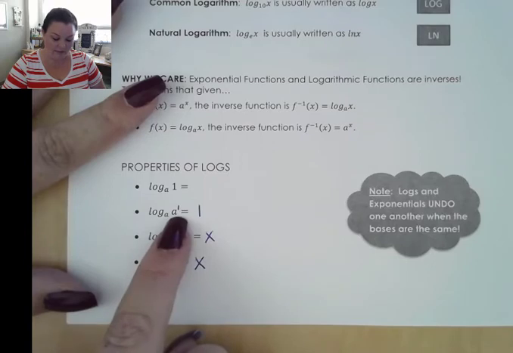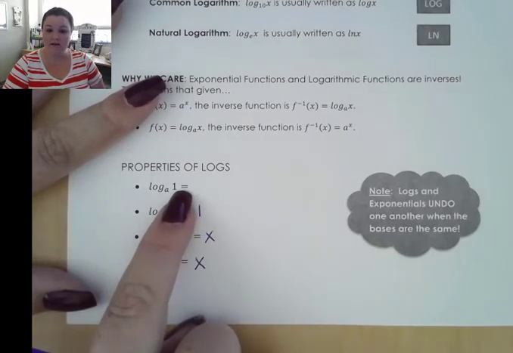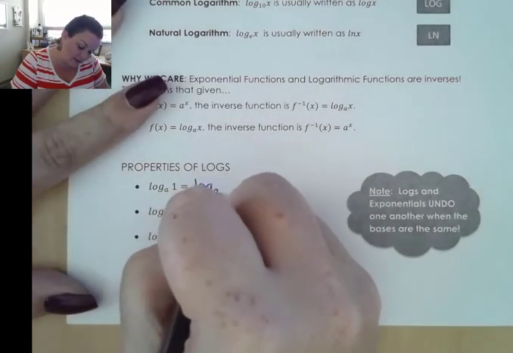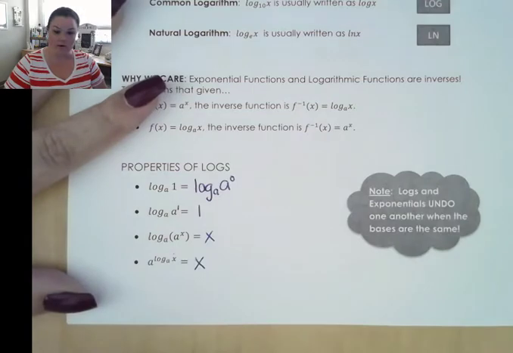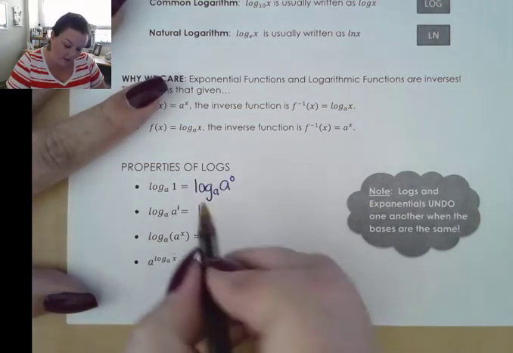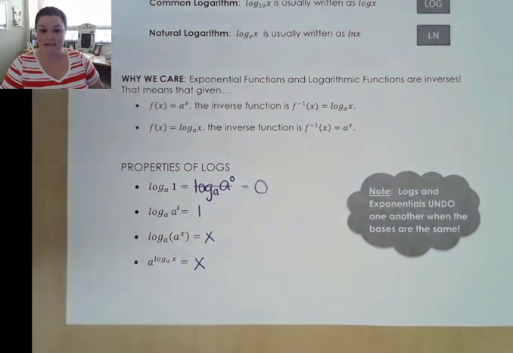The only power of a that would equal 1 is a to the 0 power. So this is the same thing. It's log base a of a to the 0 power, right? Because anything to the 0 power equals 1. Now we can cancel our log base a, and this would just be 0.